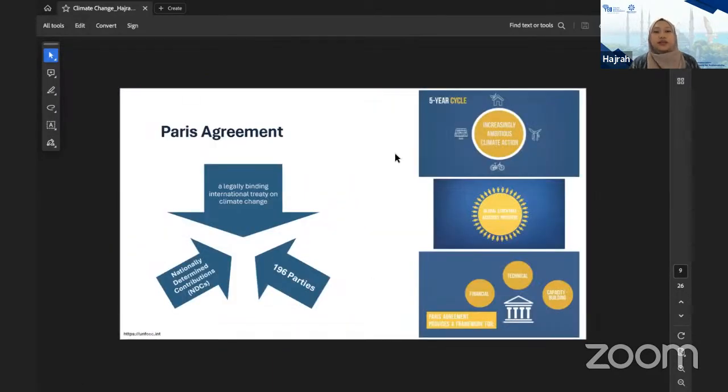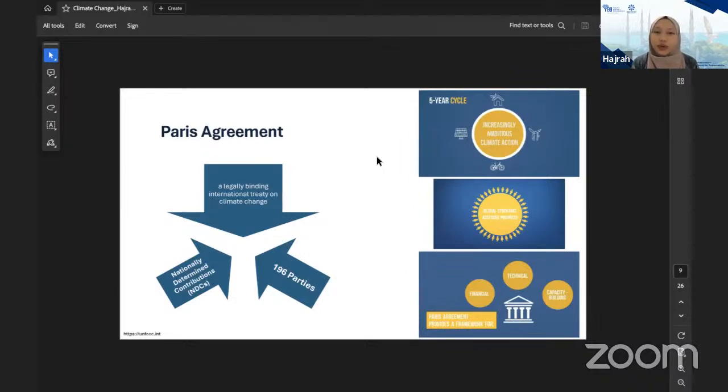Okay, so we will discuss a little bit about the Paris Agreement, which is a legally binding international treaty on climate change, and it includes 196 parties, and each country has to determine their national contributions.